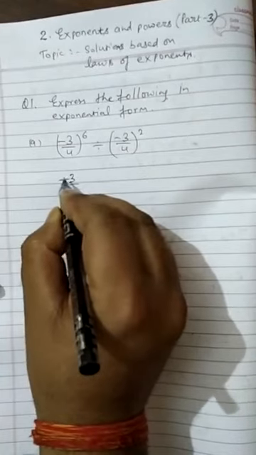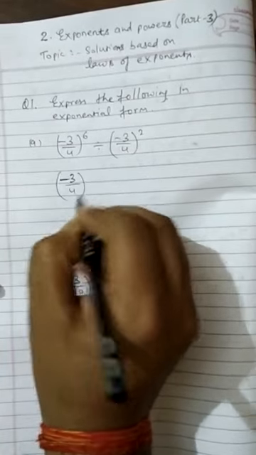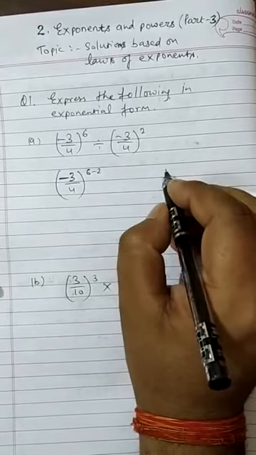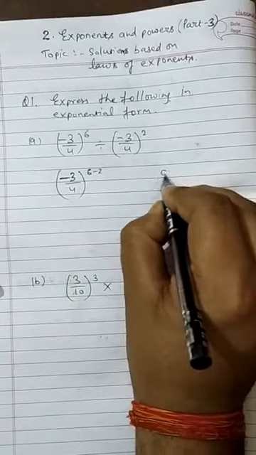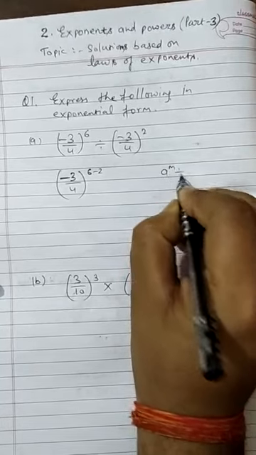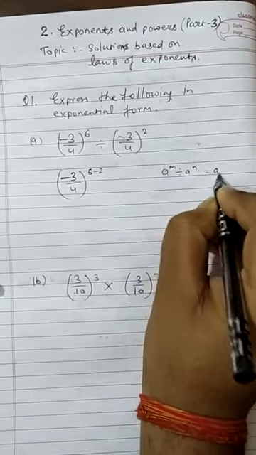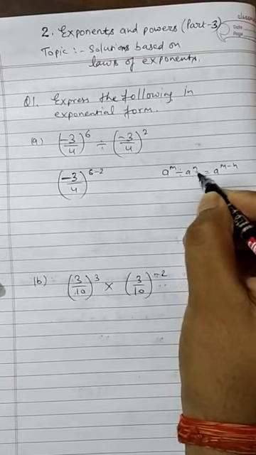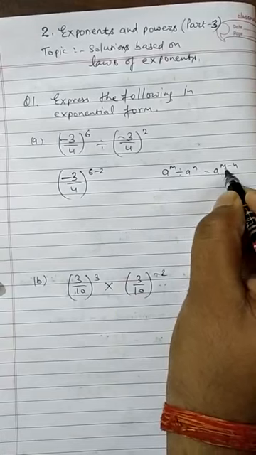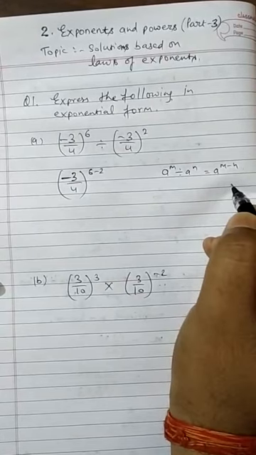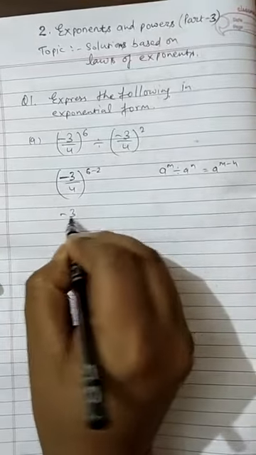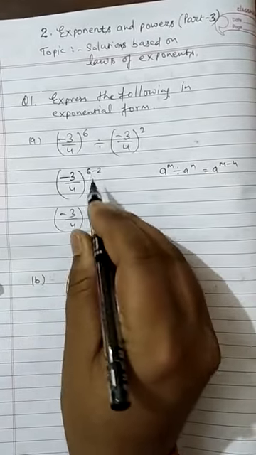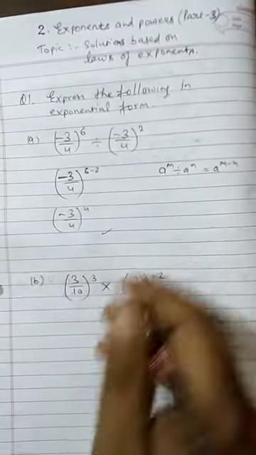We have taken the base common and powers will be subtracted, as we have used this law here: a raised to power m divided by a raised to power n is equal to a raised to power m minus n. So minus 3 upon 4 raised to power 6 minus 2 is 4. This is the answer.